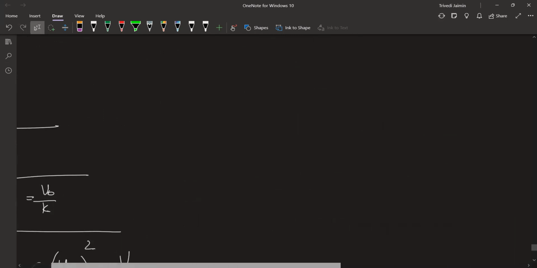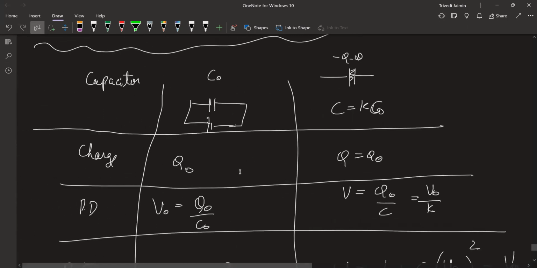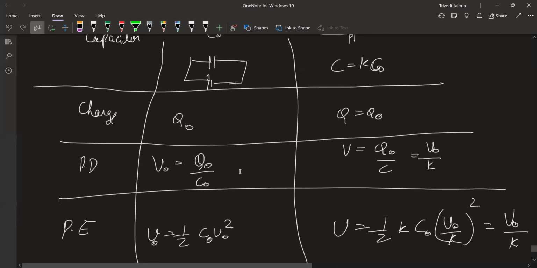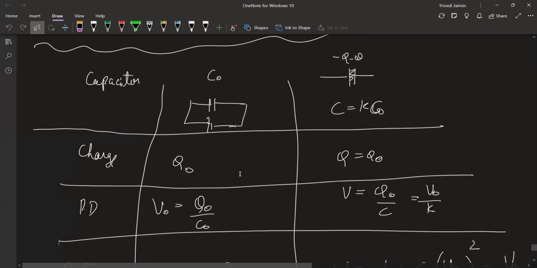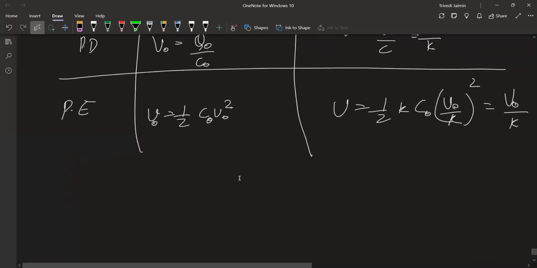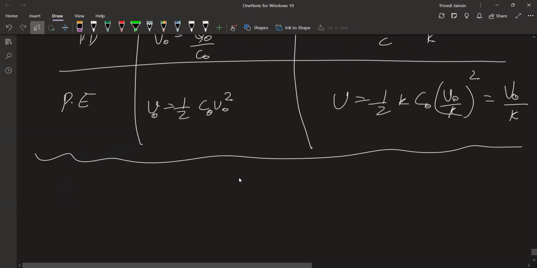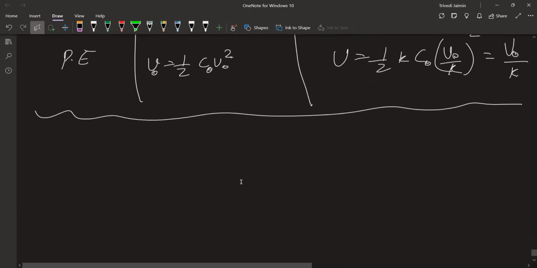Whatever way you want to remember. That's it. This formula you already wrote, so just energy stored in a capacitor.